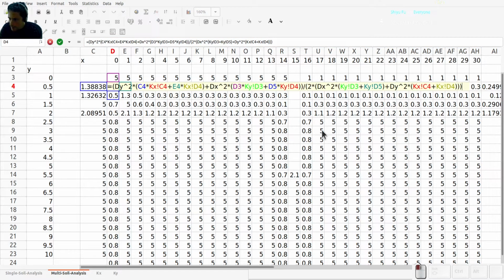In terms of formulas, I think C4, D4, C. That should be D3, D4, not D5.